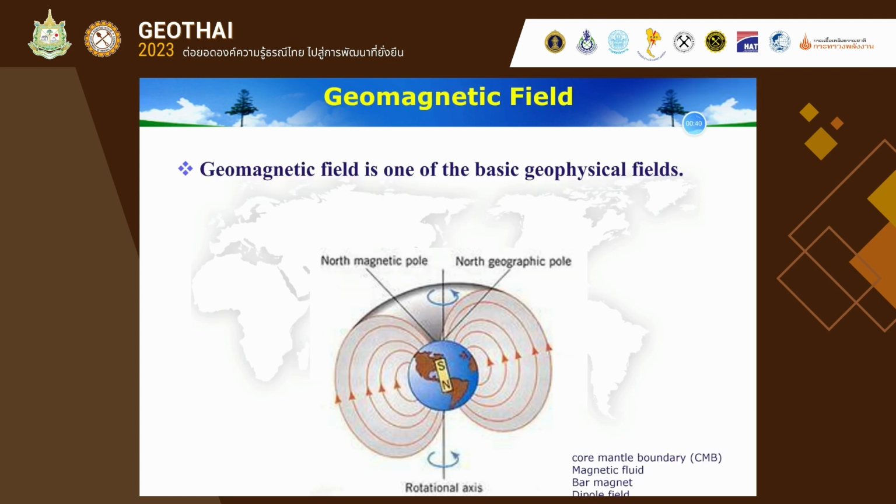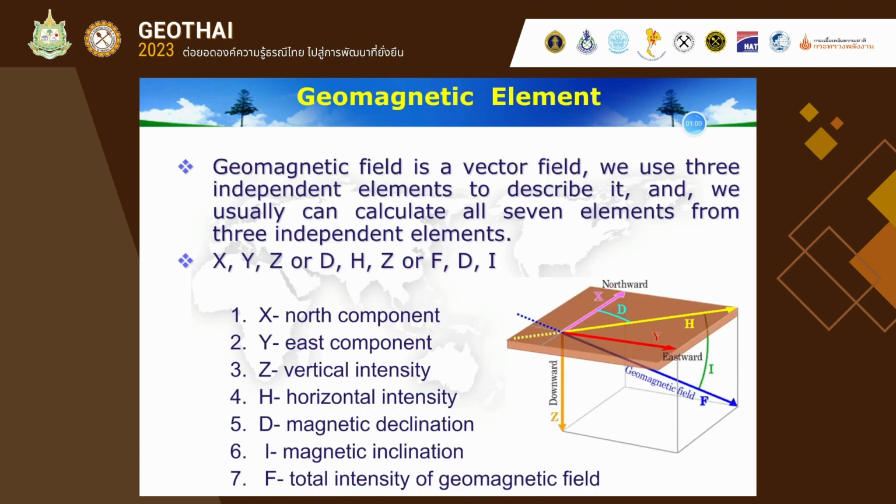The geomagnetic field is one of the basic geophysical fields. You can imagine there is a bar magnet inside the Earth, and this bar causes a dipole field, just like this, surrounding our Earth. Geomagnetic field is a vector field.